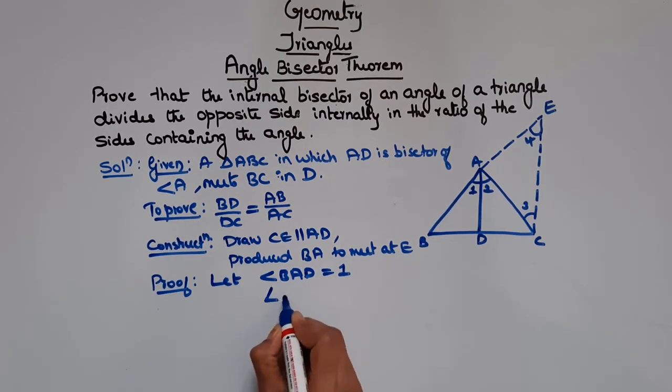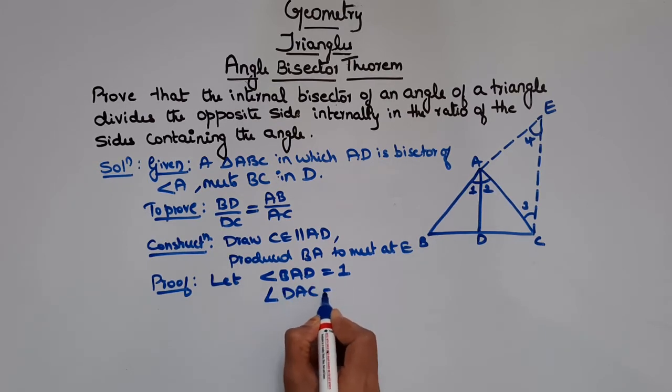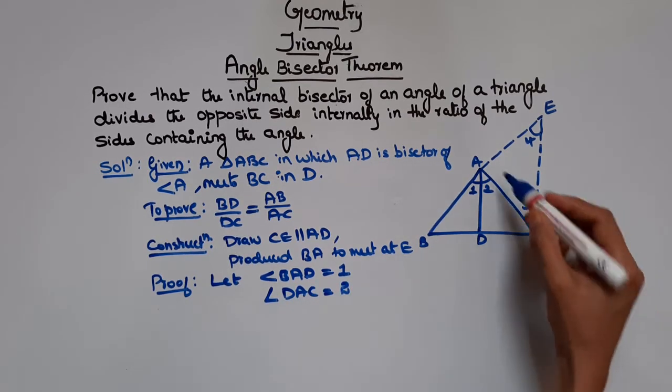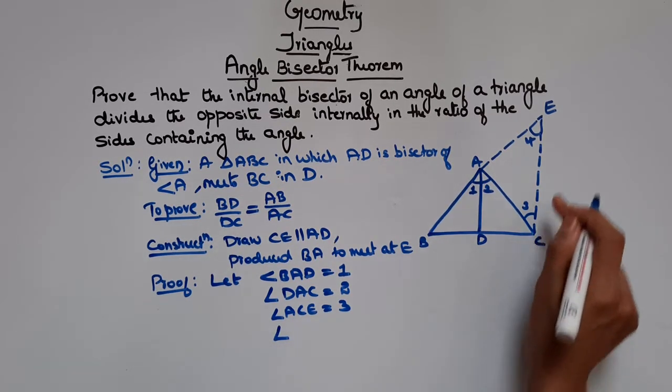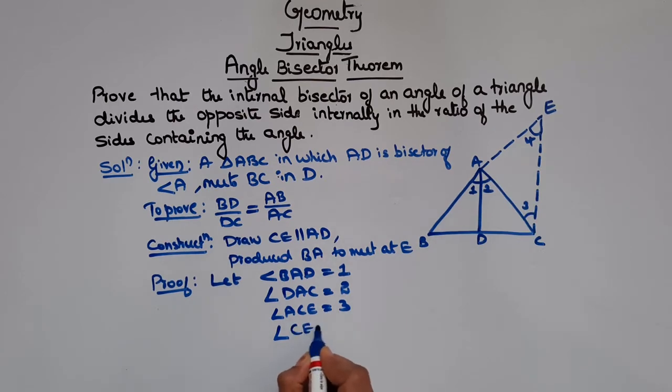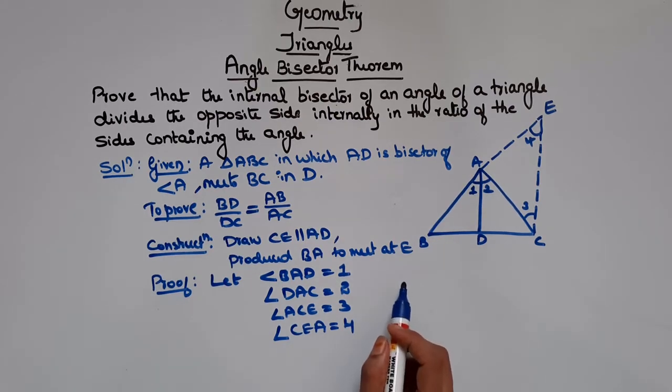And we have angle DAC is equal to 2, and we have angle ACE is equal to 3 and we have angle CEA is equal to 4. Alright, let's continue the proof, but before that, pause the video and note this down.